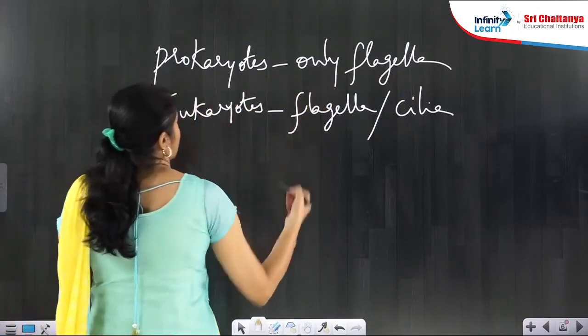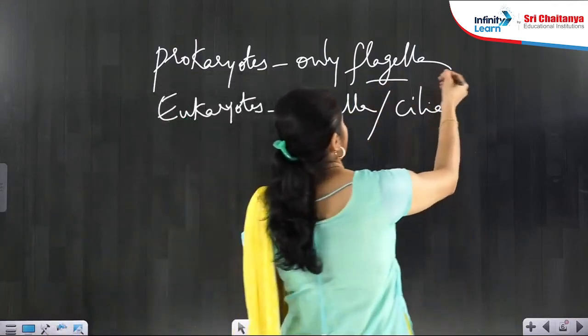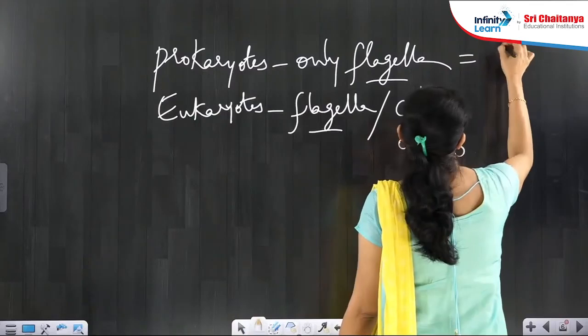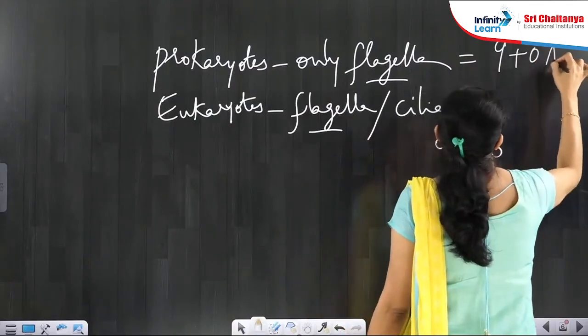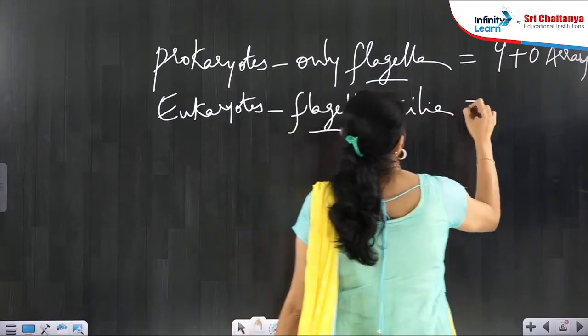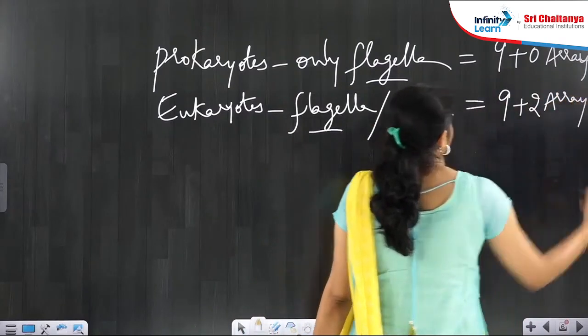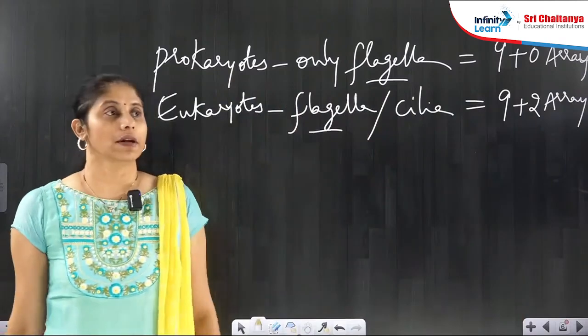Now, the prokaryotic flagella and eukaryotic flagella are different. The prokaryotic flagella is made up of a 9+0 arrangement, whereas eukaryotic flagella or cilia are made up of a 9+2 array. This point is important for NEET.